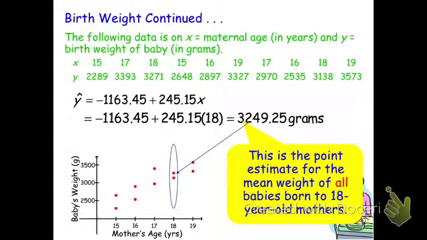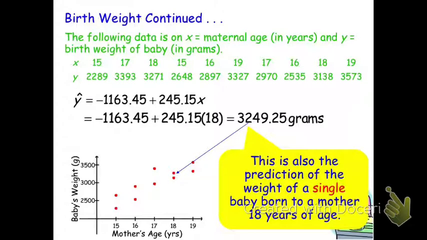What's the second interpretation? An individual, a single baby born to an 18-year-old mother. So two interpretations: the mean for all, and just one individual.